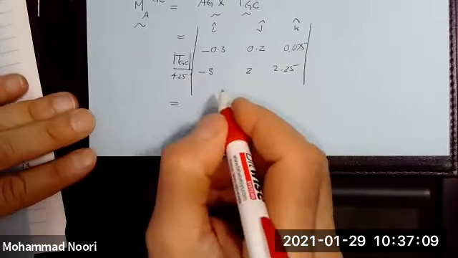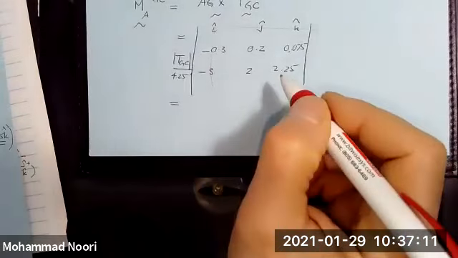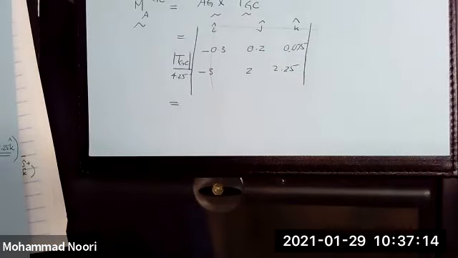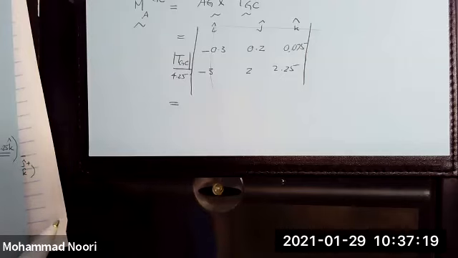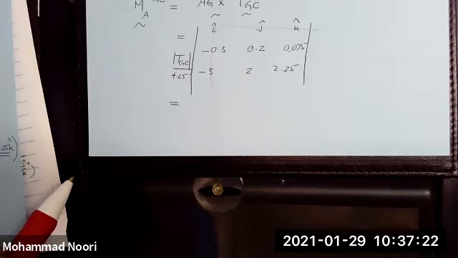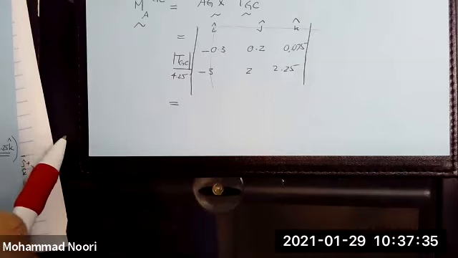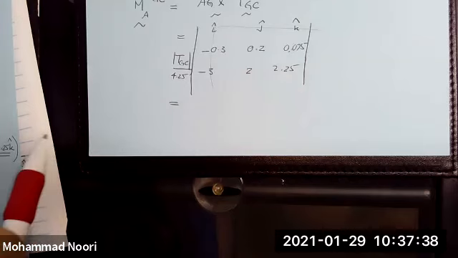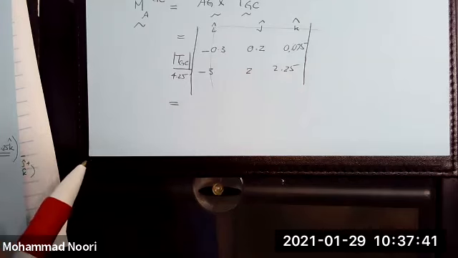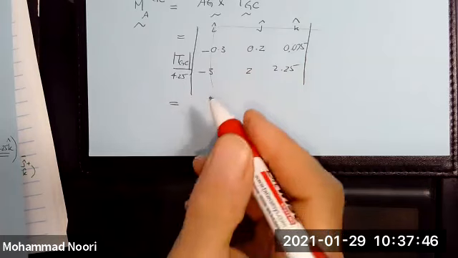That will become, again, 0.2 times 2.25, minus 2 times 0.075. So that becomes 0.3, it looks like.